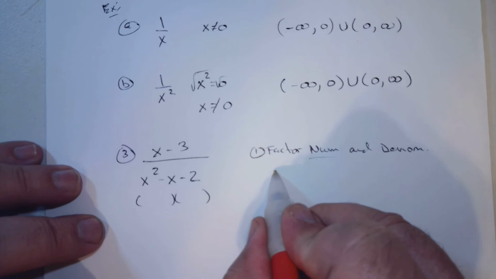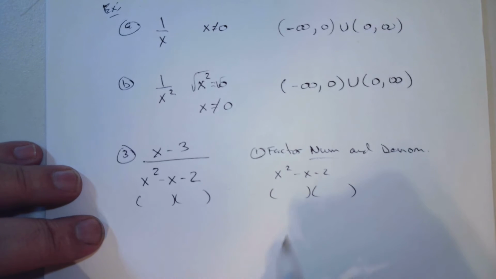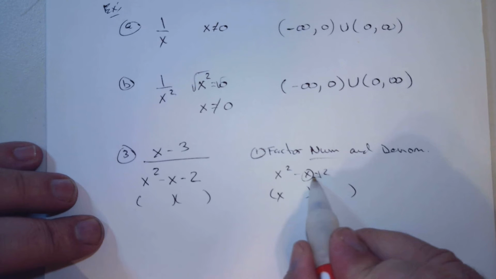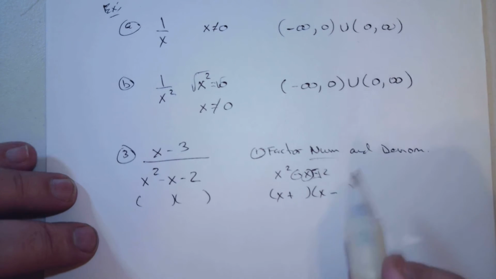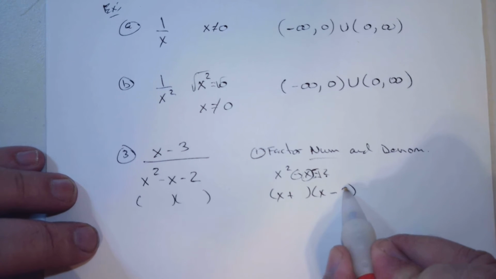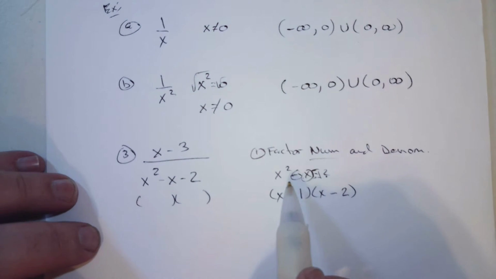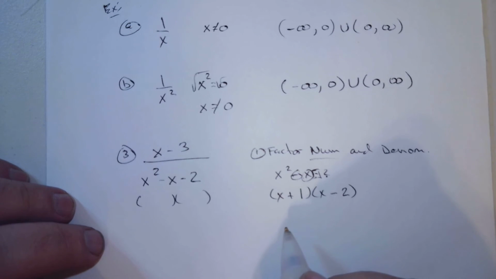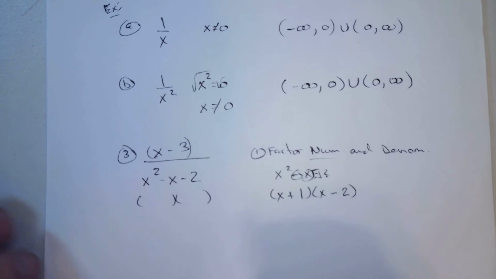So our denominator, x squared minus x minus 2, goes in the first spots. Opposite signs, so one's positive, one's negative. The bigger number gets the negative. So what times what is 2? When you subtract them, you get 1: 2 and 1. And again, the 2 gets the negative sign. And the top number is already factored out, so we'll talk about it later.